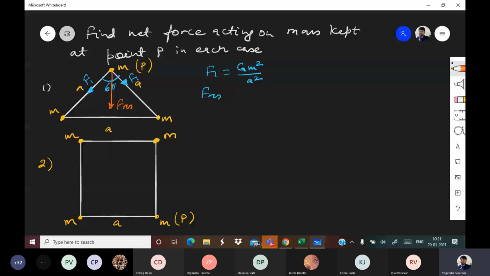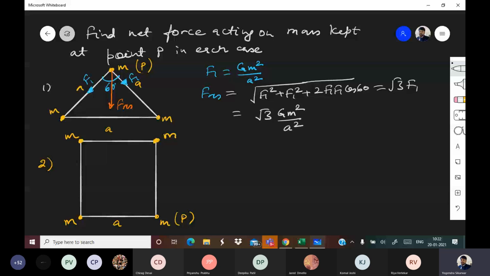So F resultant will be under the root of F1 square plus F1 square plus 2 F1 F1 cos 60, and that will be root 3 times F1, and that will be root 3 Gm square upon a square. Deepika, it should be root 3.